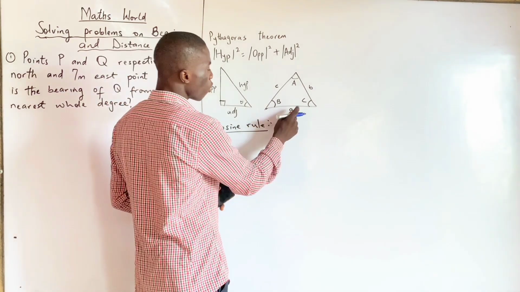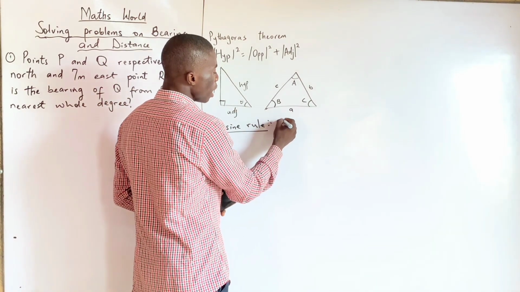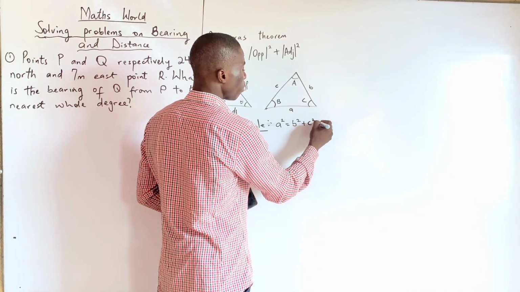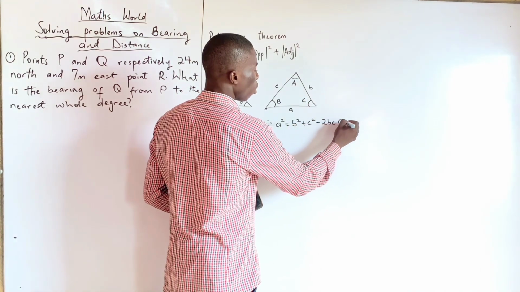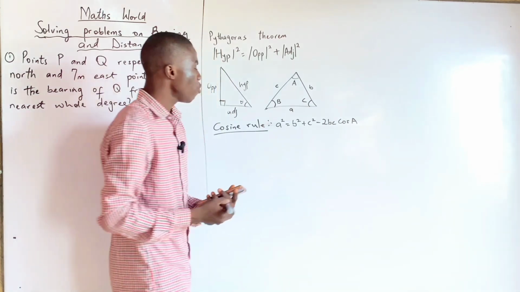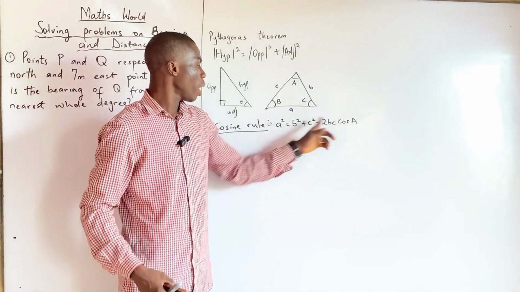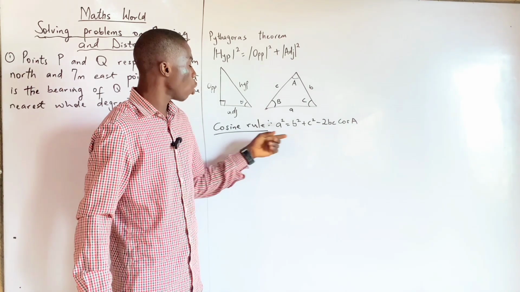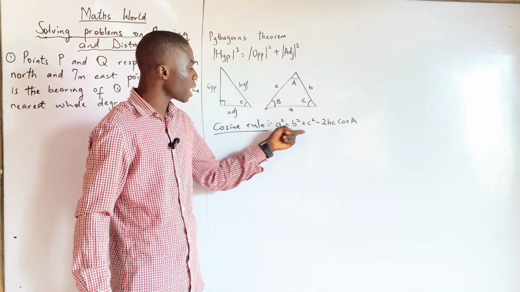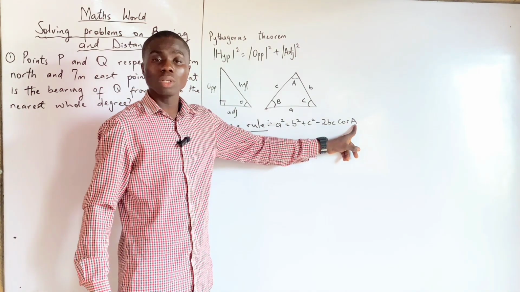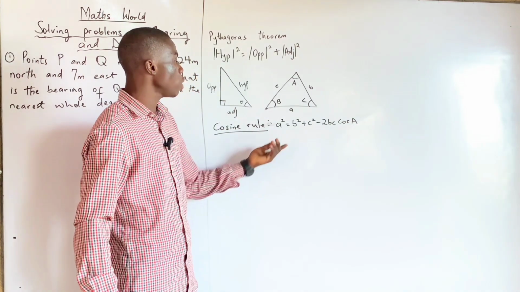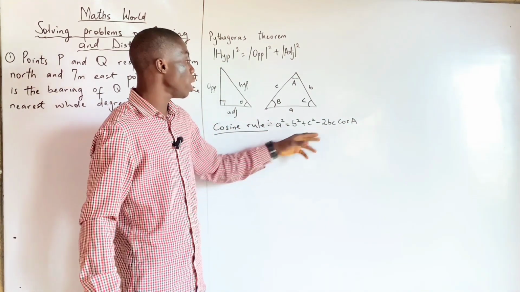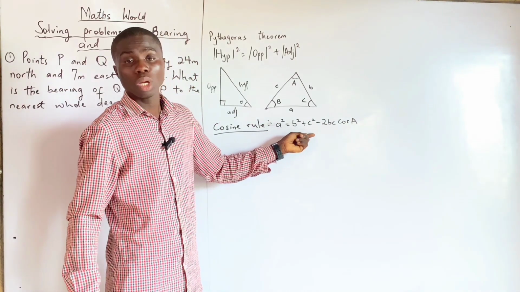If you are looking for A, it means that a squared equals b squared plus c squared minus 2bc cos A. Here they will give you 3 sides and 1 angle, which means maybe you are looking for 1 side out of the 3 sides and you were given 1 angle, or you were looking for the angle and you were given 3 sides.